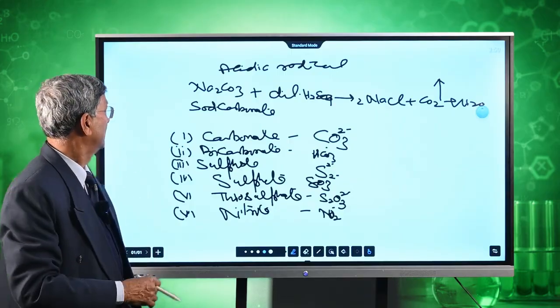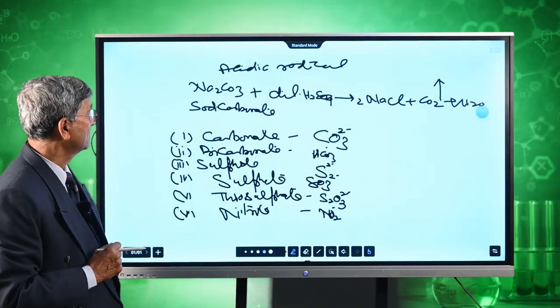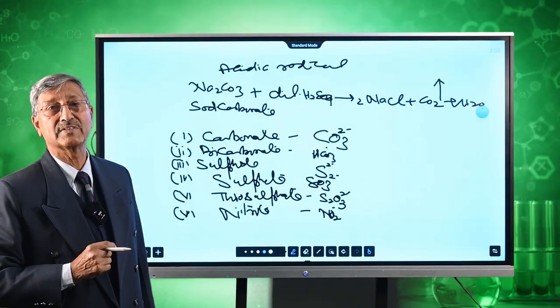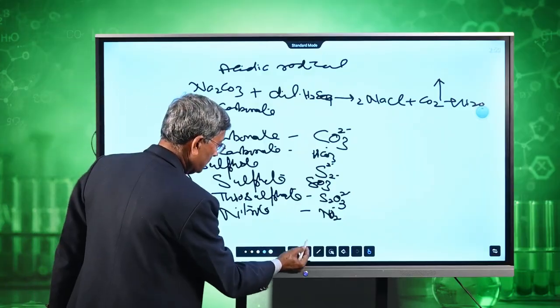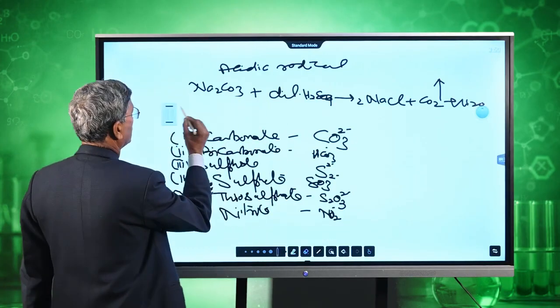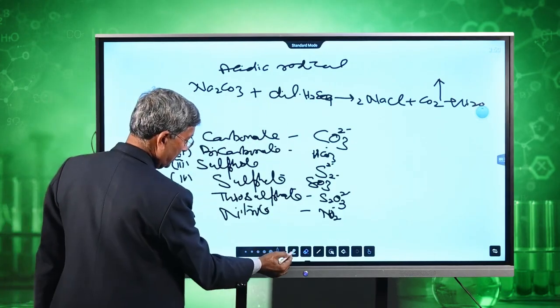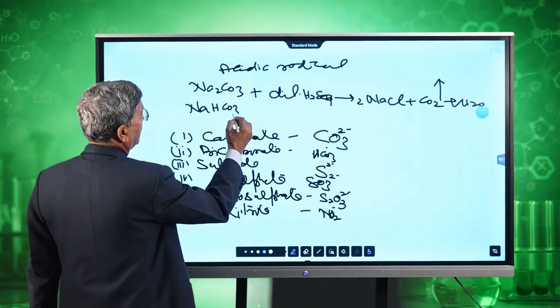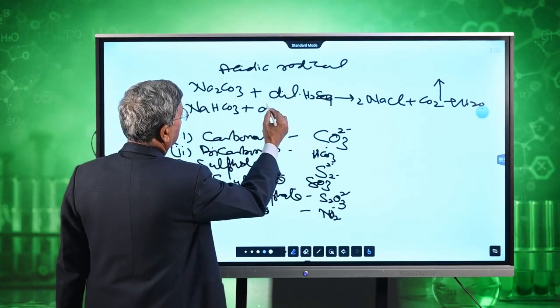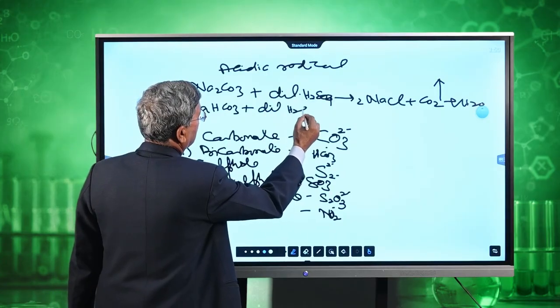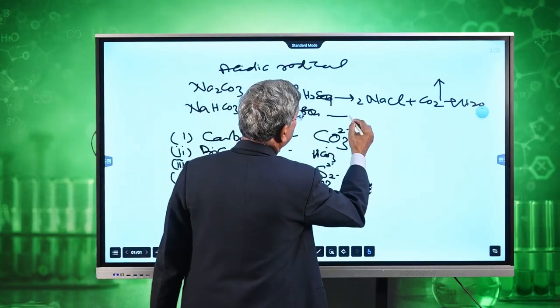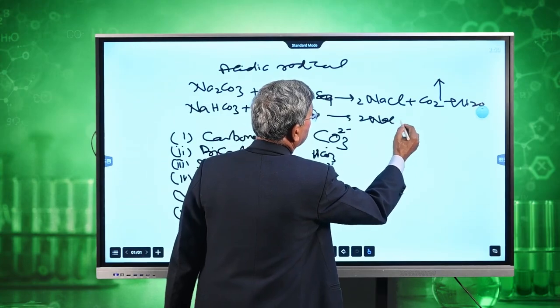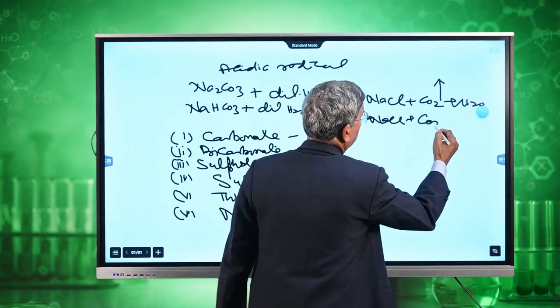But there's another salt which also gives carbon dioxide with dilute sulfuric acid, that is bicarbonate. Suppose I write bicarbonate as NaHCO3. When we add dilute H2SO4 to it, again we will be getting the same thing: sodium sulfate plus carbon dioxide plus water.